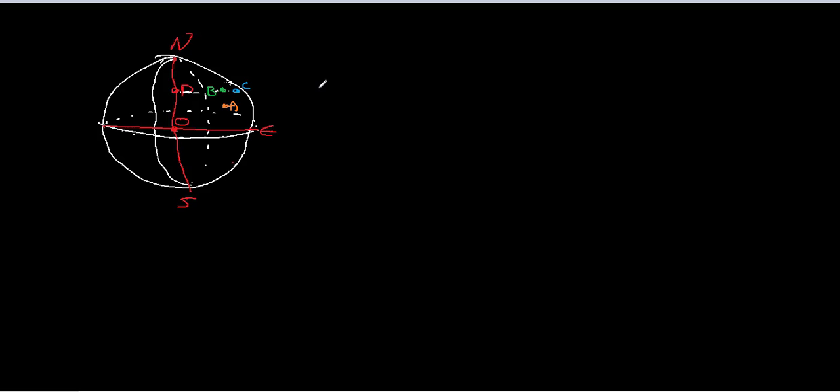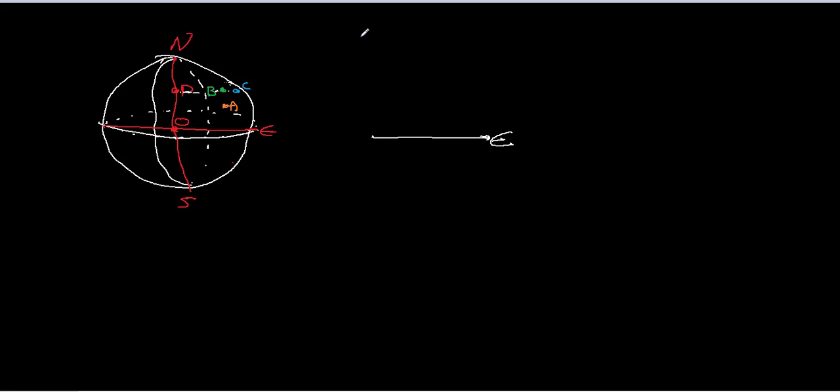So what we've got here, we have several things that we need to consider. The first is the angle between E, which is where the line that cuts through the center of the Earth hits the Earth's surface at the horizontal.